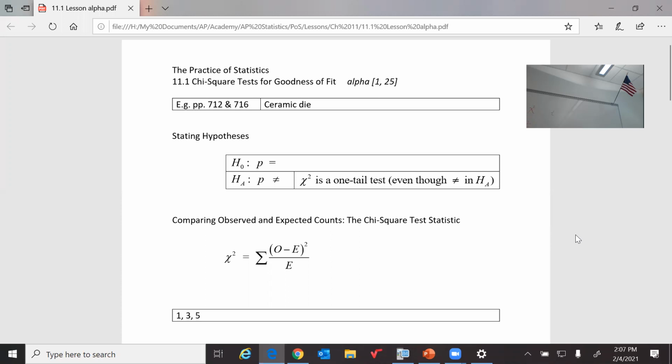The alternate is always not equal to, even though it's a one-tailed test. You'll see what the picture looks like. This is the test statistic. The sum of observed, take away expected, squared, so the negatives don't work against the positives, divided by expected.